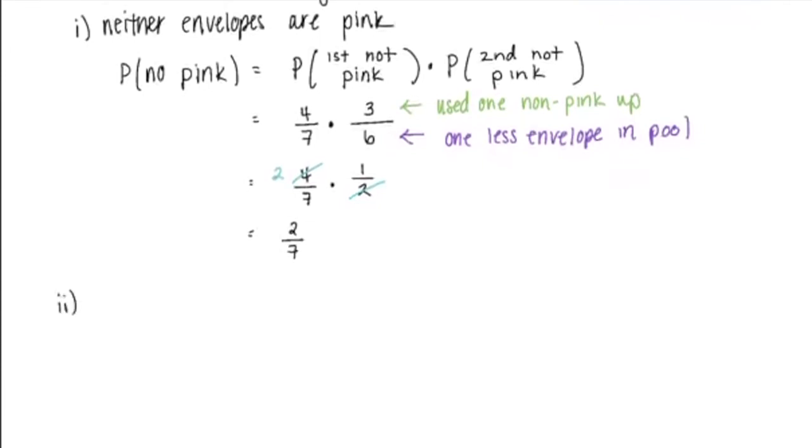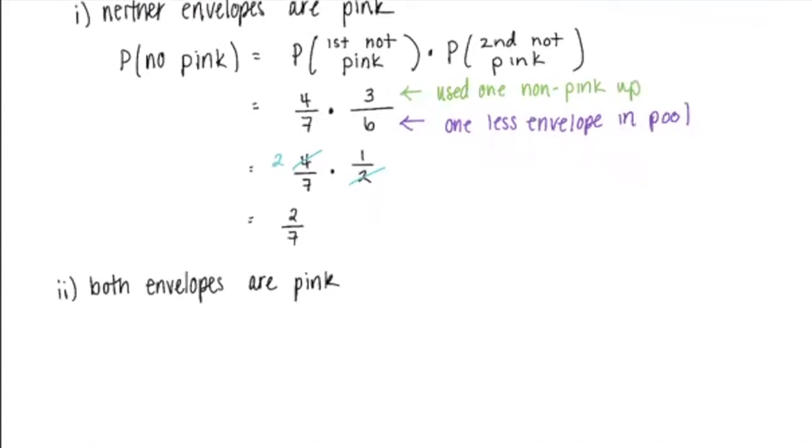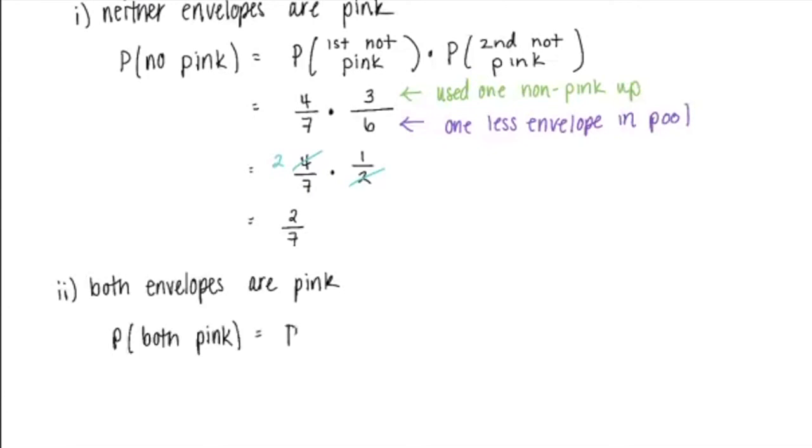And then if we do the same other one without replacement, if we want both envelopes to be pink, again, that second probability is going to change. So the probability of drawing both pink is equal to the probability the first is pink multiplied by the probability the second is pink.